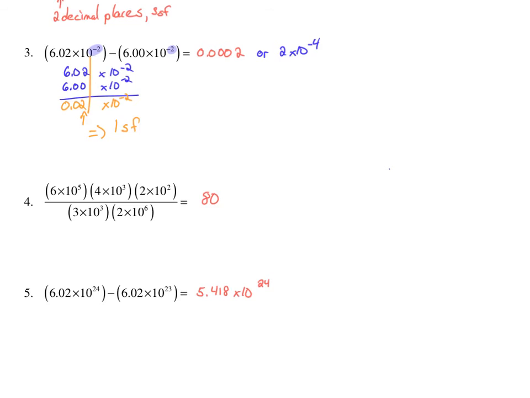In question 4, multiplication division, all of the numbers contain only 1 sig fig. So our final answer should be expressed with only 1 sig fig. In this case, we must use scientific notation to express our answer with the appropriate number of sig figs. We must express this as 8 times 10 to the first.